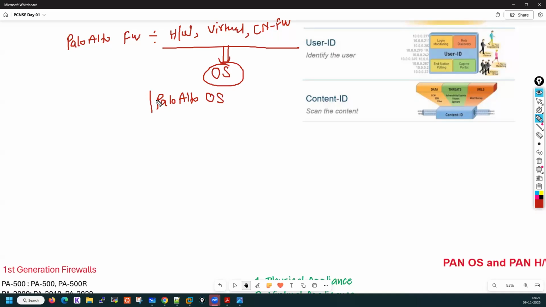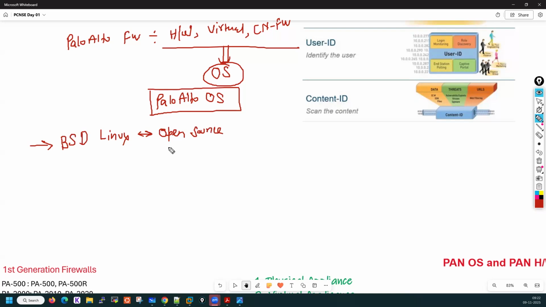Then how did they build this Palo Alto operating system? So guys, do you know there's a Linux flavor called BSD Linux? Have you heard that name? It's an open source platform. Do you know what open source is?